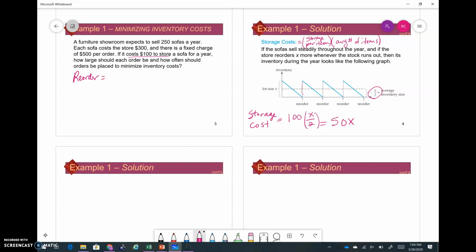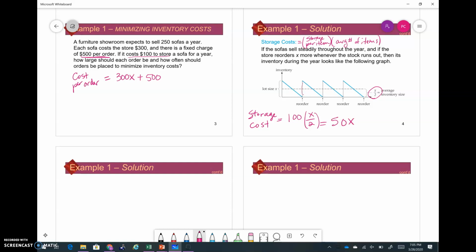Getting ahead of myself. It would be our $300 per item plus the $500 fixed cost per order. Sorry.